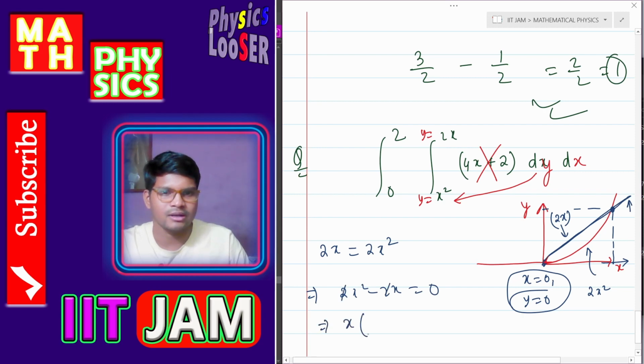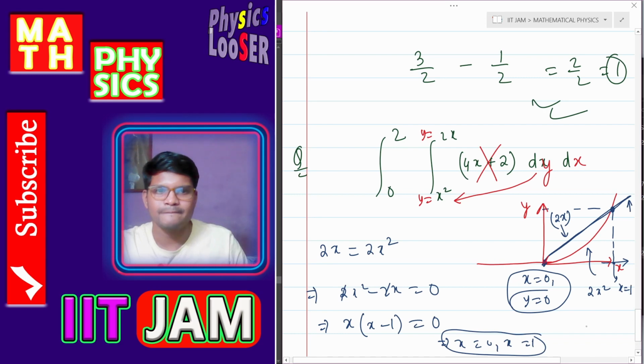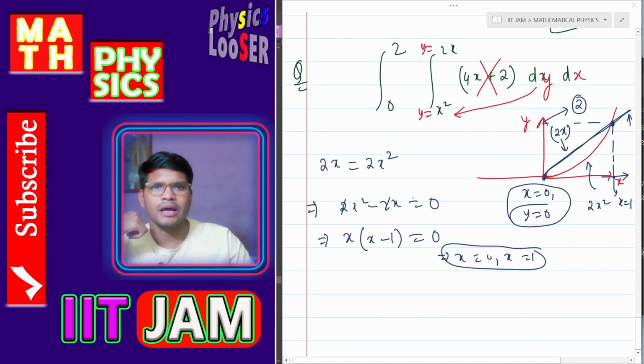So it will be like this: x is equal to 0 and x is equal to 2. Oh sorry, my bad. Here I had taken a different thing, y is equal to not 2x squared, this has to be x square.